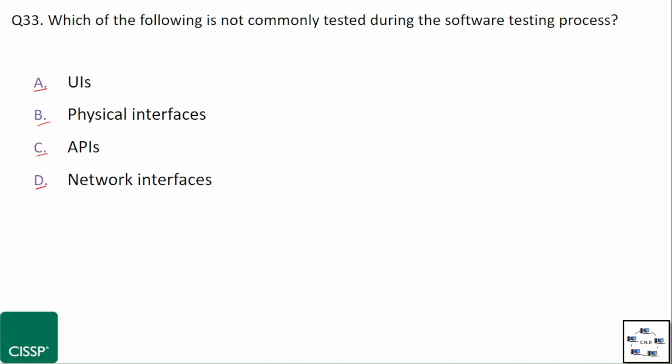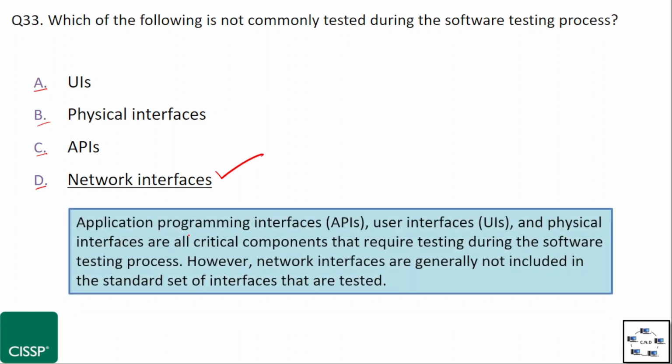And the correct option is that network interfaces are not tested during the software testing process. It is because the APIs, user interfaces, and physical interfaces are all critical components that require testing during the software testing process. However, network interfaces are generally not included in the standard set of interfaces that are tested.